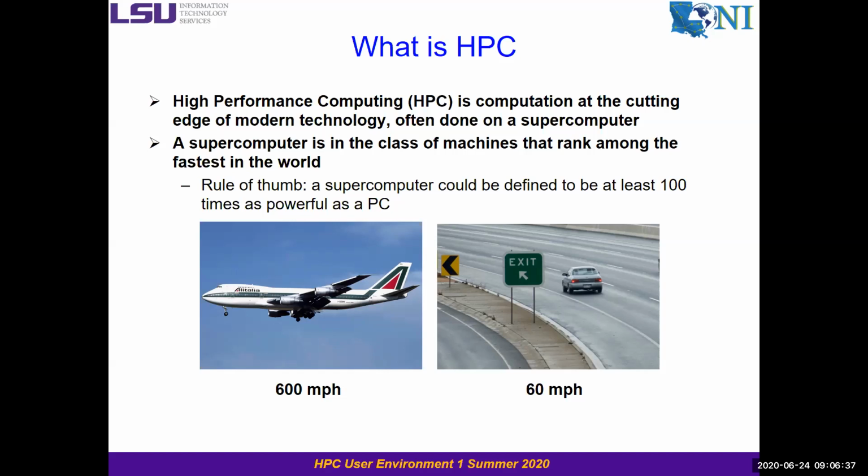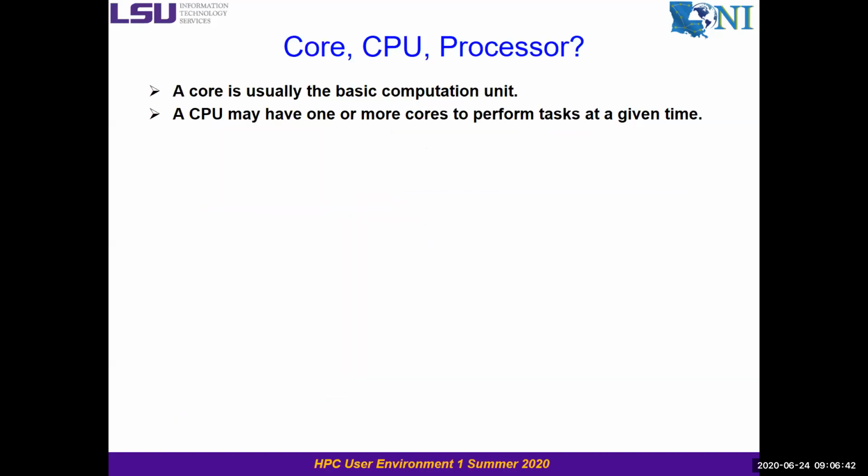Before we talk about that, let's talk about some basic concepts of core, CPU and processor. A core is usually the basic computation unit, and one CPU may have more than one core to perform tasks at a given time.